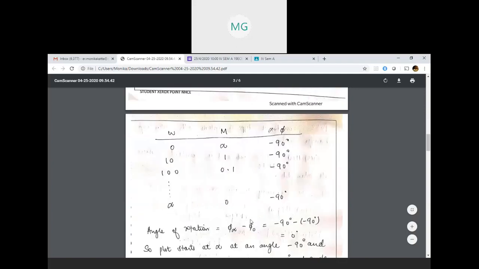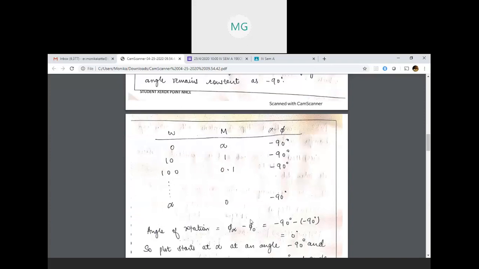Let us draw the table and see how. We'll draw the table with omega, magnitude and phase, and fill the columns. So omega equals 0: your magnitude becomes 10 by 0, since 10 by omega is your transfer function.